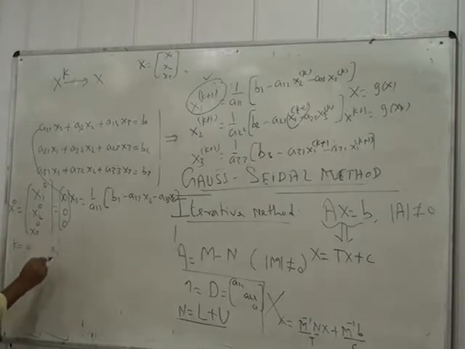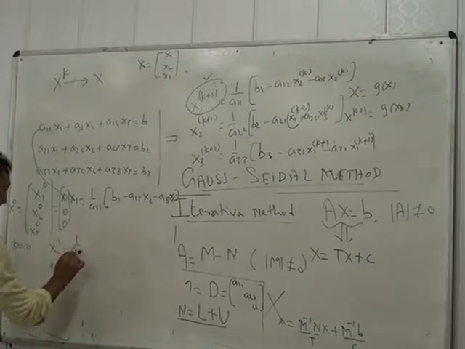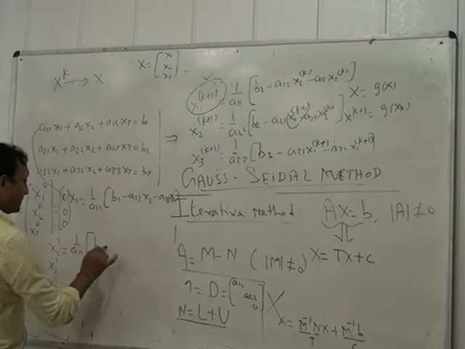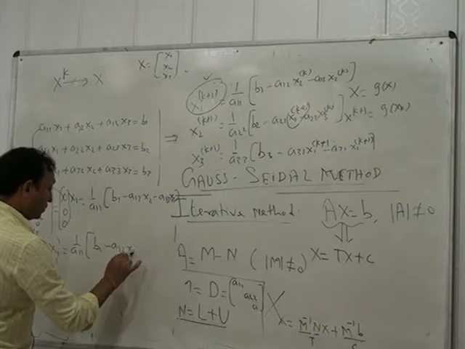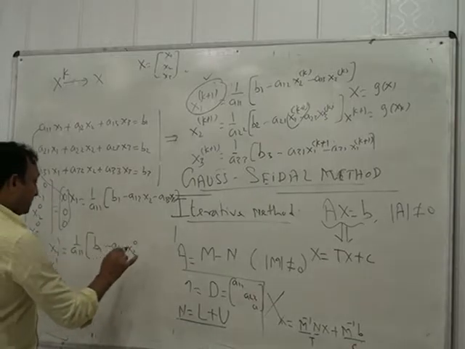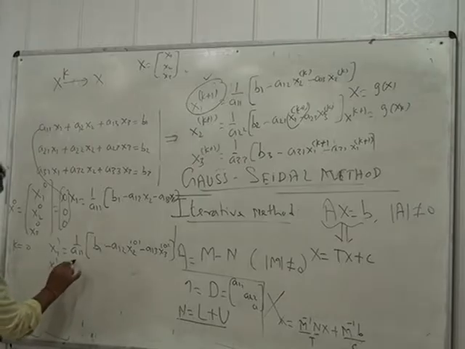I must write x1^1, x2^1, x3^1. What is it? x1^1 is 1 by a11, b1 minus a12 x2^0, very good, correct, minus a13 x3^0. Correct.